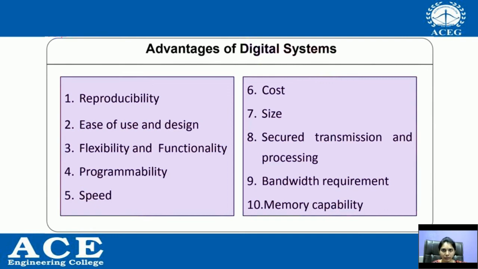The most important advantage of digital systems is that they can provide secured transmission and processing. Digital signals can be used for secured transmission of information using encryption and decryption techniques.